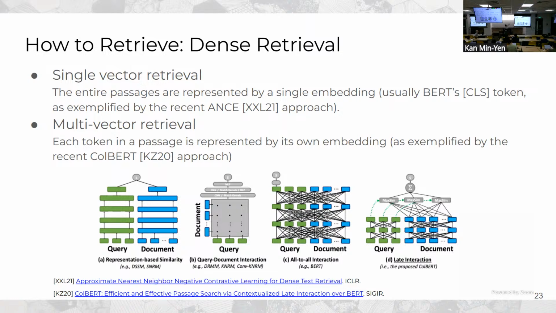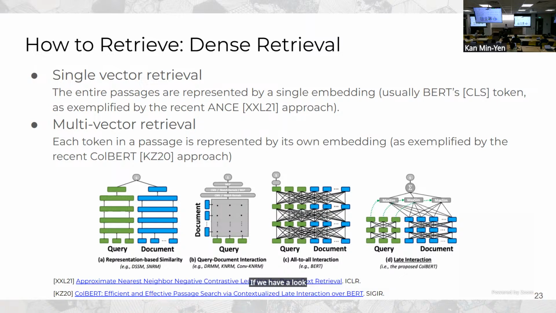For the multi-vector case, the unit of vector is not the query or document, it's the token level. As we know, both queries and documents consist of many tokens. So that's what multi-vector retrieval means.